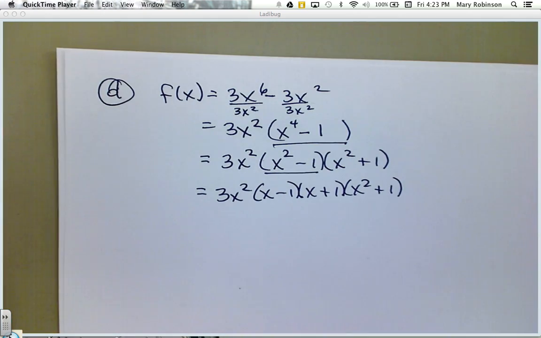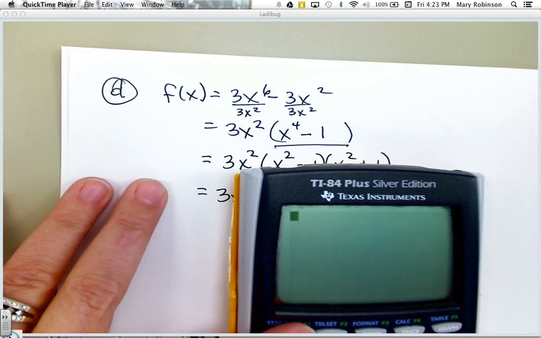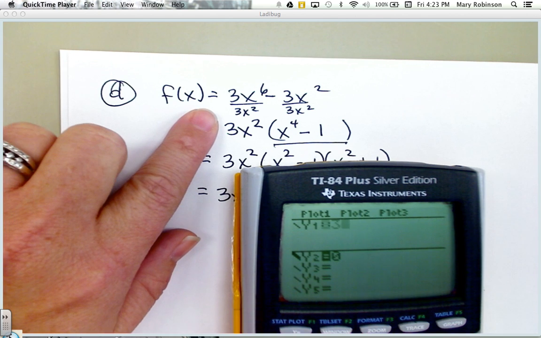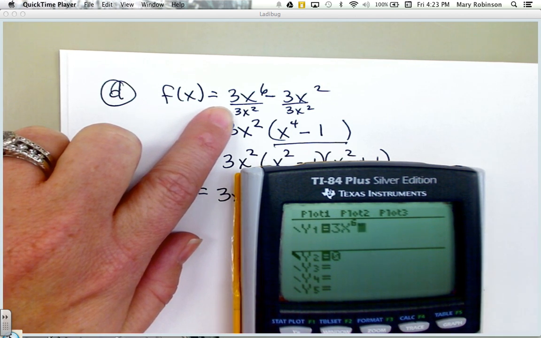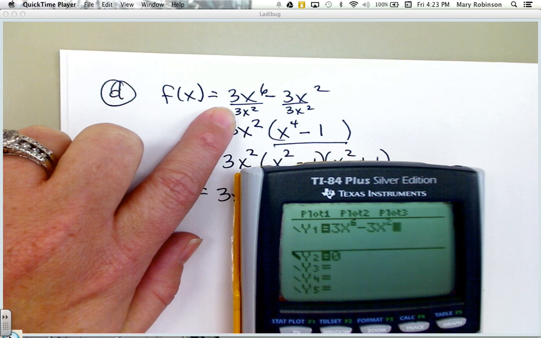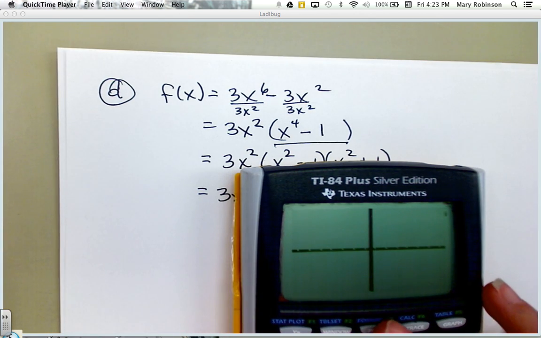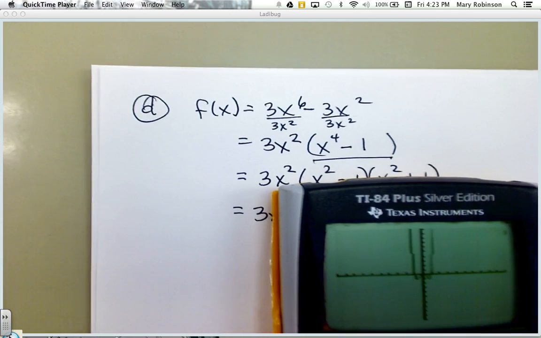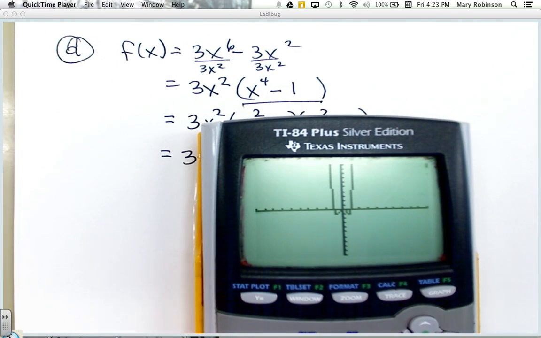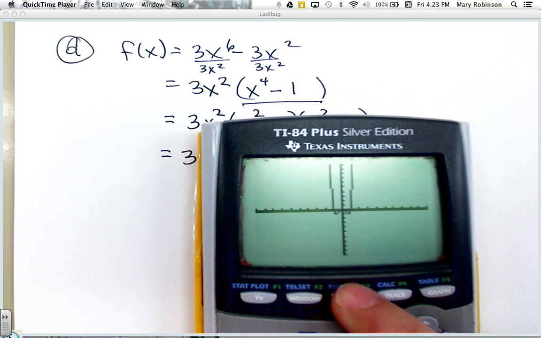Now again, if we wanted to, we could, and we probably should, graph it just so we have a better idea of how many are real and how many are complex. Let me hit zoom 6 to set it back to a standard viewing window. All right, so it looks like, oh, something interesting's going on here.